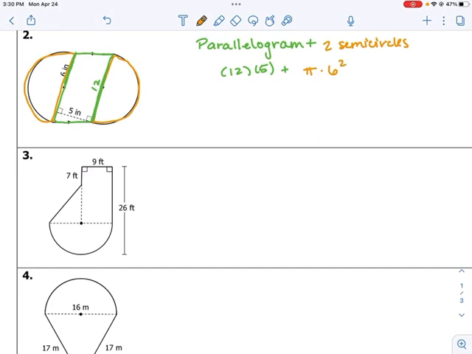So in your calculators, you need to be taking 12 times 5 and adding it to pi times 6 squared. Do you get 173.1 square inches?